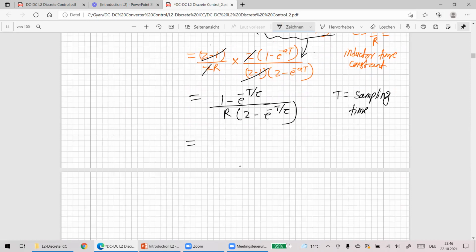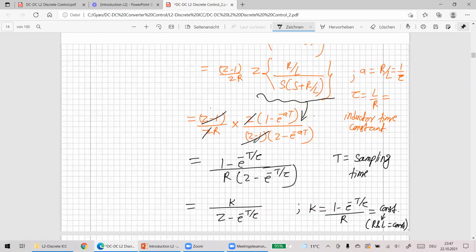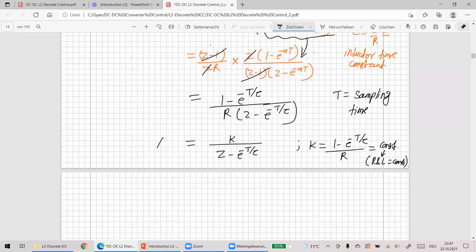So let's simplify this further and denote it like this, where k is equal to 1 minus e power minus T over tau over R. And you can clearly see this is a constant because it only depends on the parameters. So if our R and L are constant, then for sure the value of k will also be constant. So you can see this is our plant model.